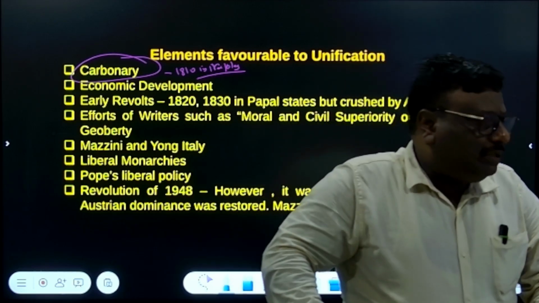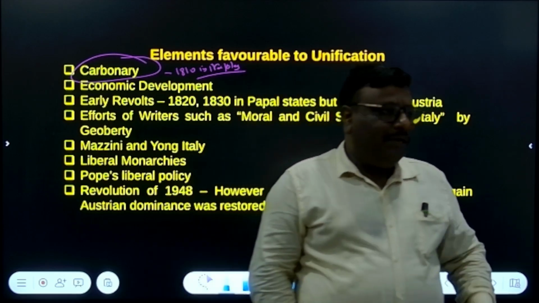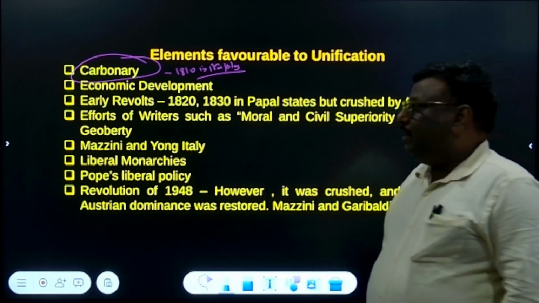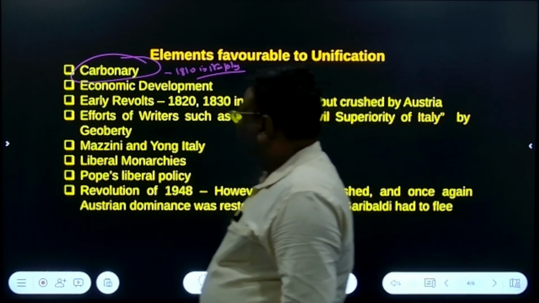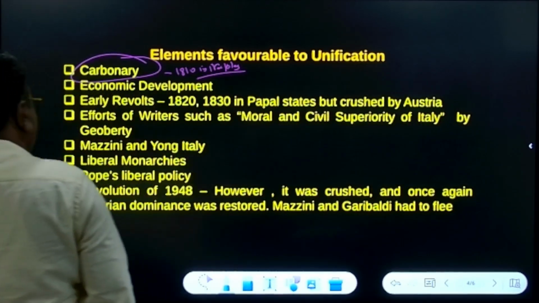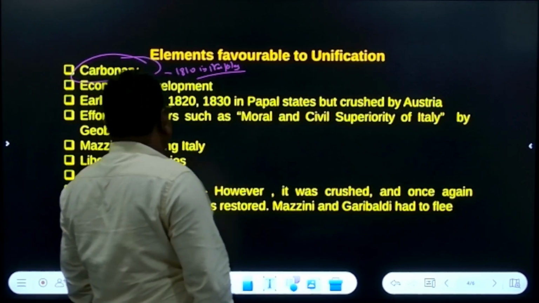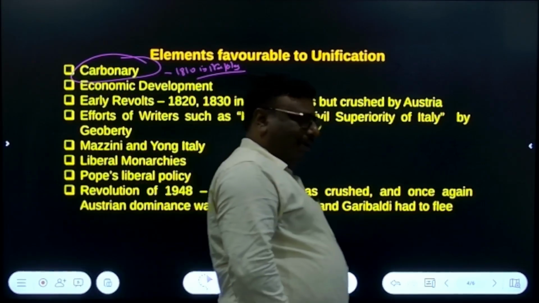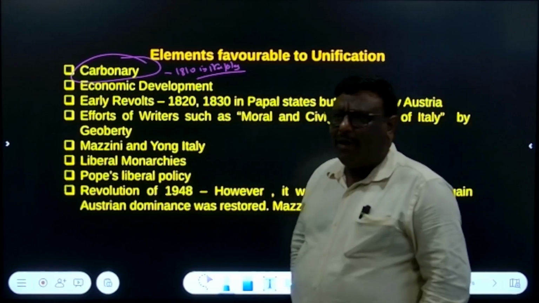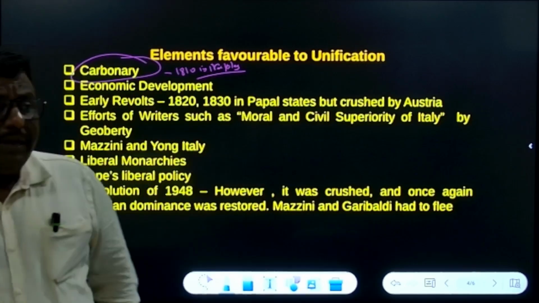Some patriots and supporters of democracy joined the Carbonari, and they started revolutionary activities in Naples, and gradually these activities spread in other parts of Italy. So the role of Carbonari should not be underestimated in the process of unification of Italy.